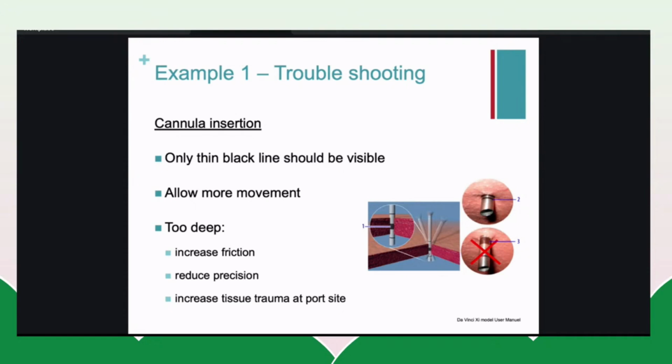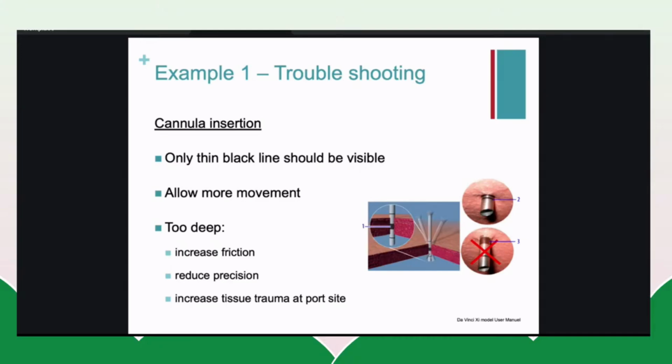And another thing that we have to pay attention to is the cannula insertion. We try not to put it in too deep, because otherwise it will increase the friction, reduce the precision of movements, and in turn it will also increase tissue trauma. So just put it where we can just see the thin black line.